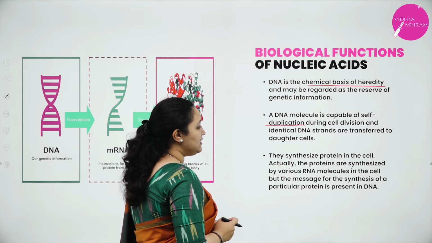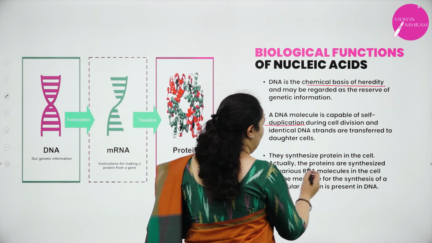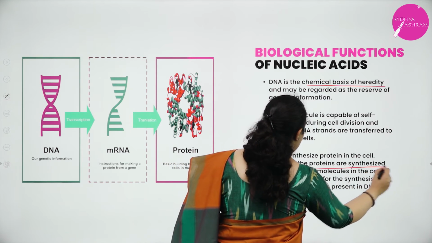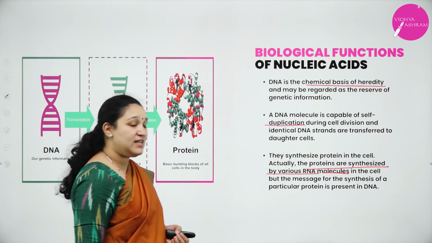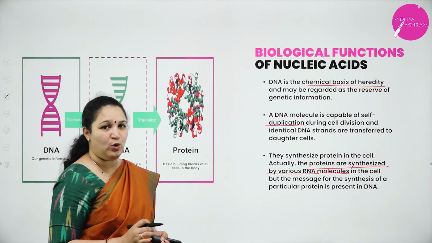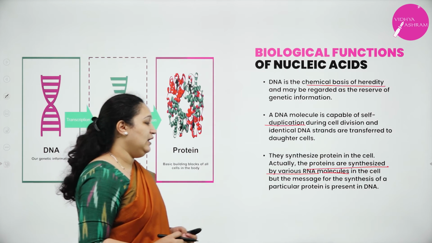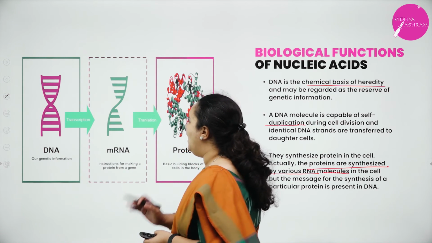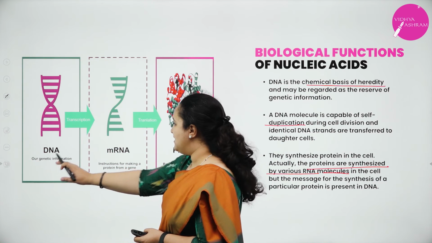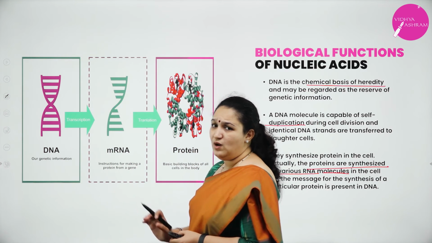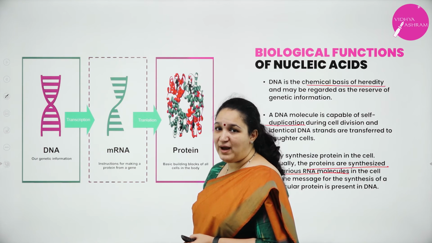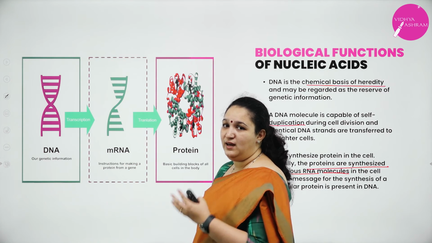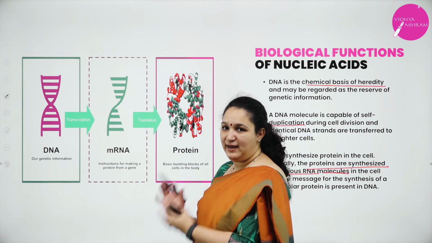Proteins are synthesized by various RNA molecules in the cell, but the message for the synthesis of protein comes from the DNA. From DNA, transcription occurs, and the instructions for making protein go as mRNA from the DNA. mRNA carries all the information.